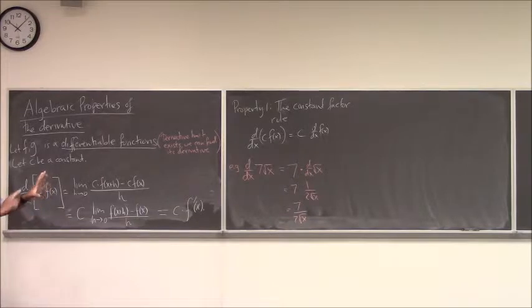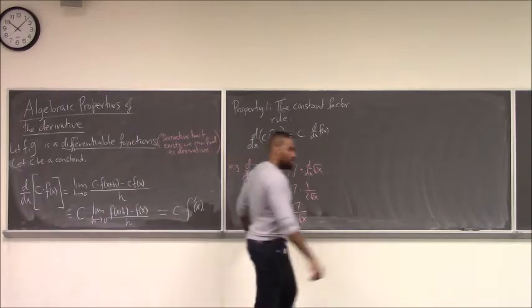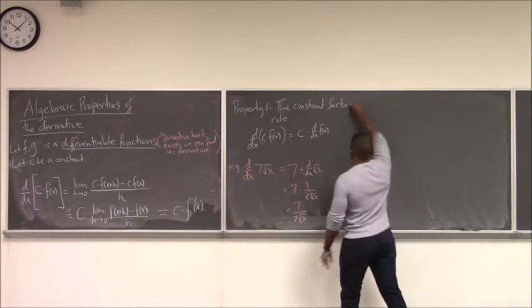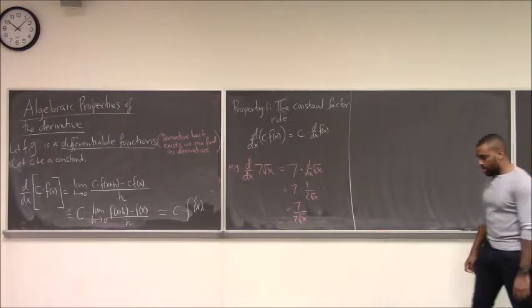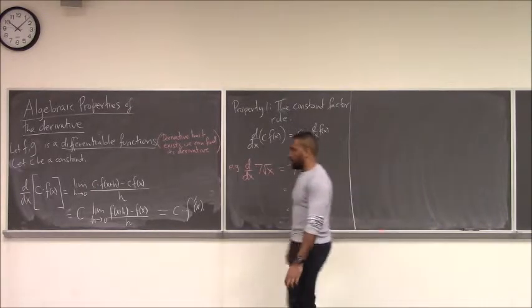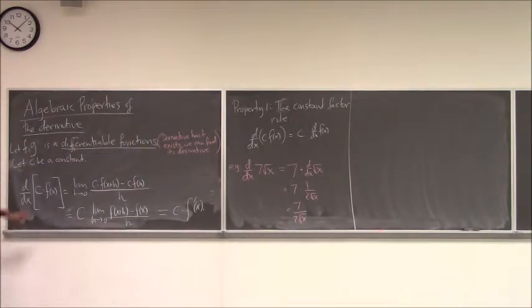We just leave the constant alone, differentiate the function, and multiply at the end. Constants factor outside of derivatives. So that's how derivatives behave under scalar multiples. If you're multiplying by a constant, the derivative is not going to care that much. It's just going to find the derivative of the variable part, and then the constant gets factored in.